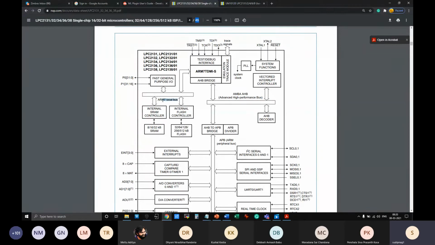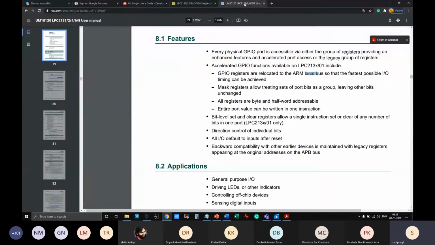This local bus is meant for fast GPIO or SRAM or flash interfacing. Only these three types of information can flow over this ARM7 local bus. So in accelerated GPIO mode, you have access to ARM7 local bus, which is linked to the fast access.